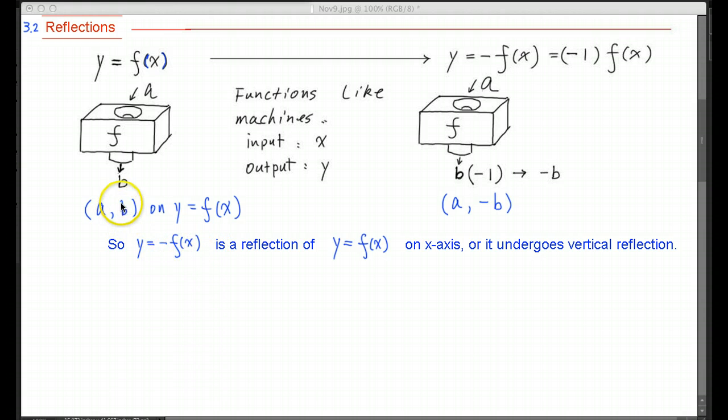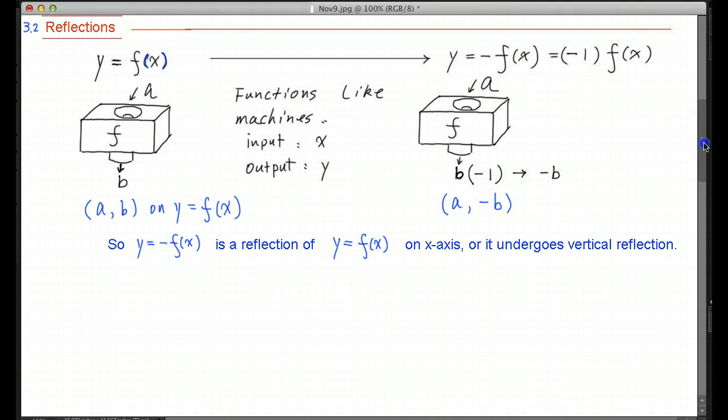One point changed to another point with the same x-coordinate but the opposite y-coordinate. This is not an actual point, it's just a general point. A can be anything, B can be anything, so in general any point on the original function is going to change to this.